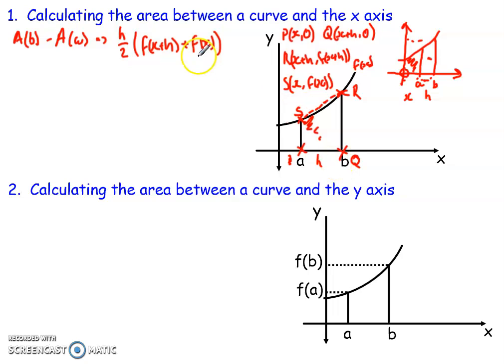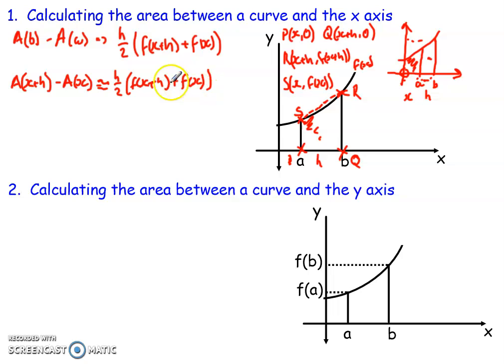So now we've taken our trapezium and we know that we can represent this as A at B. Well, I know this is x plus h, take away A, which we're going to call x. We can say that that's approximated by h over 2, bracket f of x plus h, plus f of x.